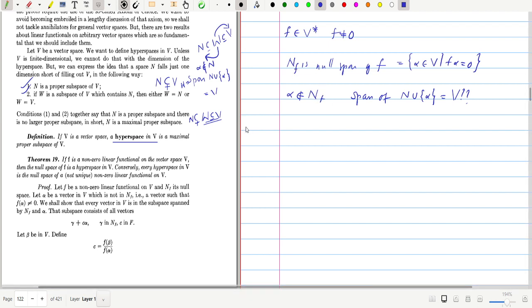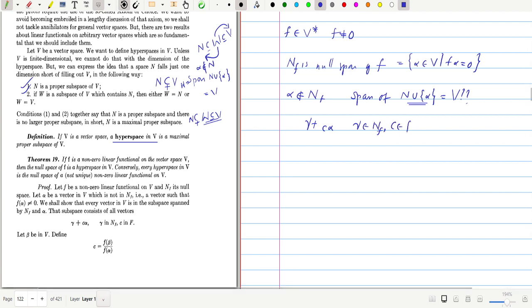Then the subspace spanned by N union alpha consists of the vectors gamma plus c alpha, where gamma belongs to N_f and c belongs to the field F. These are the arbitrary elements of the span of N union alpha. We'll prove that this is V.